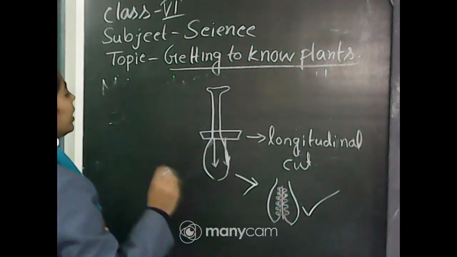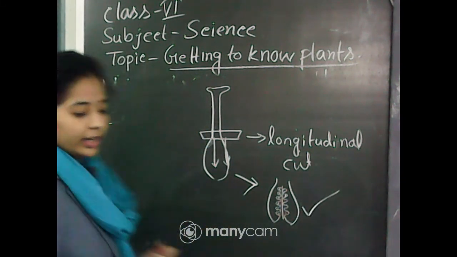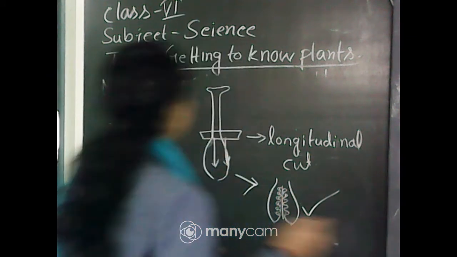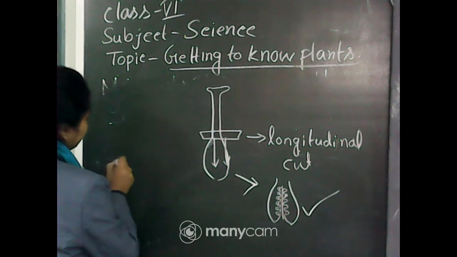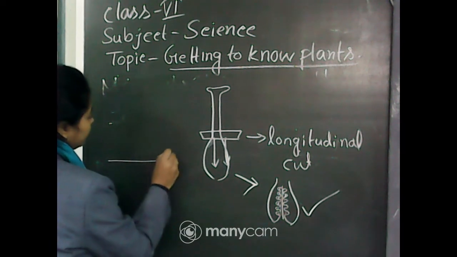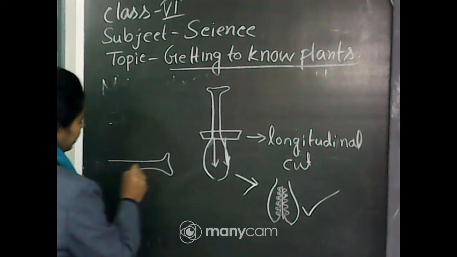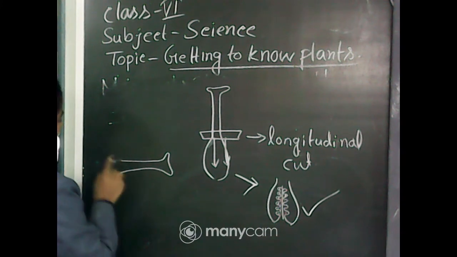And if we cut the ovary in transverse section, means if this is a pistil, I have drawn it in another way, just drawn it horizontally.